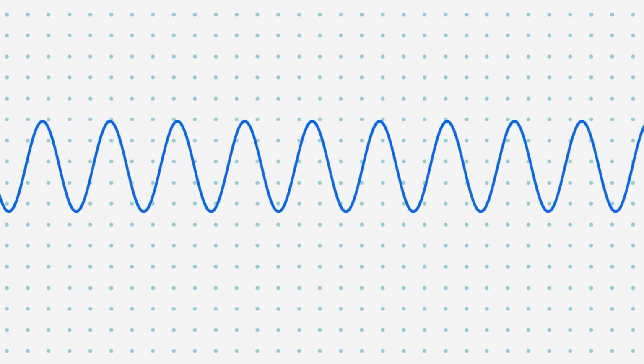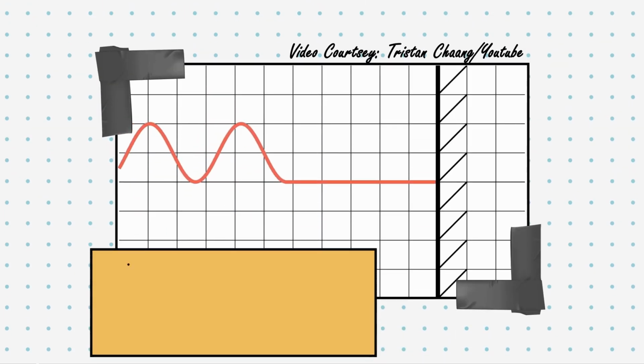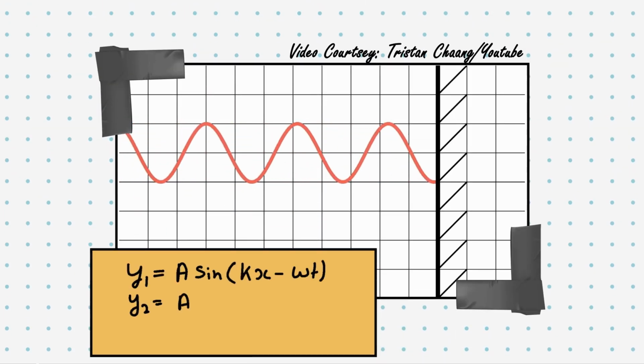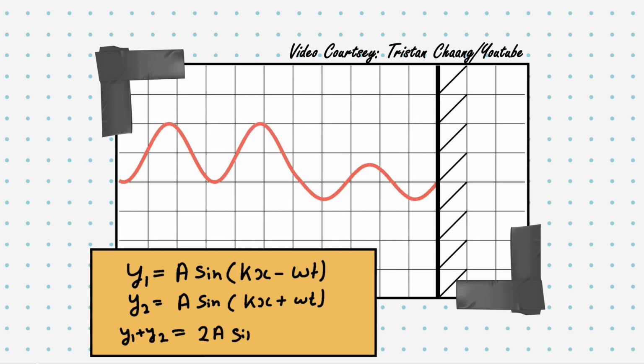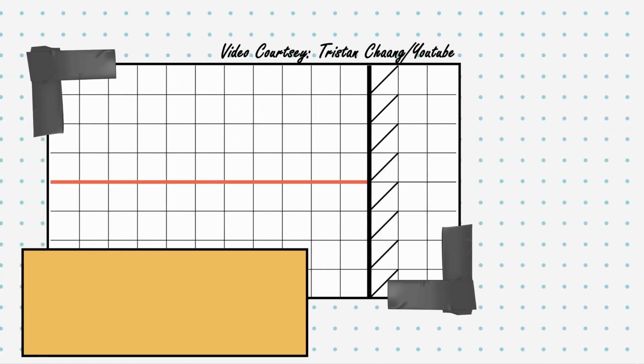One of the most interesting properties of a wave is the standing wave. When a wave reflects back and interferes with itself, then we have a standing wave. Not all such interference produces a standing wave.